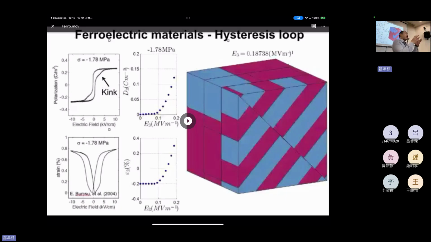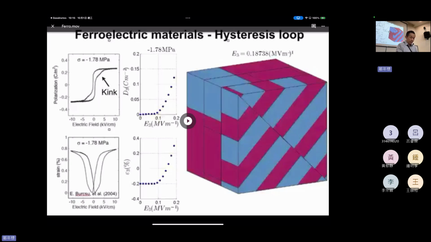I just calculate all the electric field times the polarization. So it's the available work, and then I use that to move the domain. So when the domain moves, I just minimize the work. So it will try to minimize the energy, so I can predict the movement of the domain.